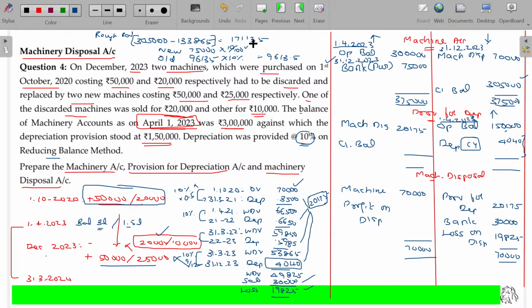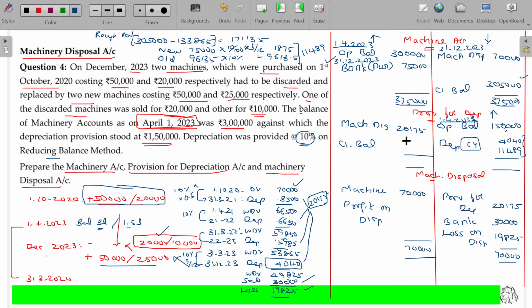So for 3 months, depreciation should be calculated into 3 by 12. What is the value? 1,875. If you add up these two, what is the ultimate value? Come on. 11,488.5, so 11,489. I rounded off to the nearest whole number.